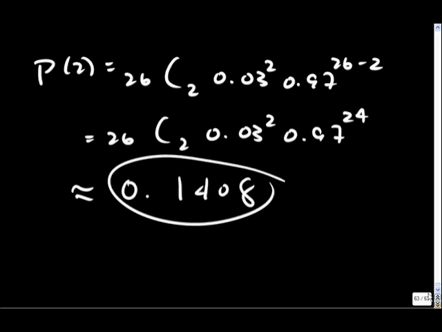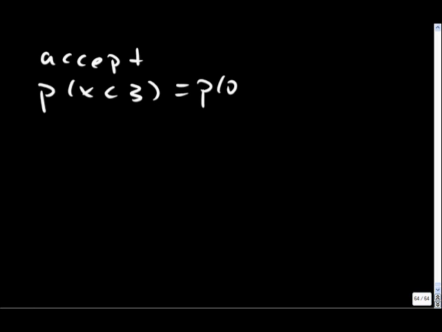Now remember, we're looking to accept this batch, and we only accept when there's fewer than 3 components that are defective. So the likelihood of accepting a 26 component batch is found when we sum each of these probabilities, where the outcome was 0, 1, and 2.